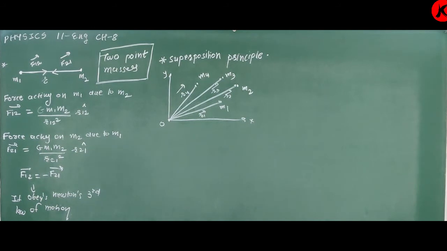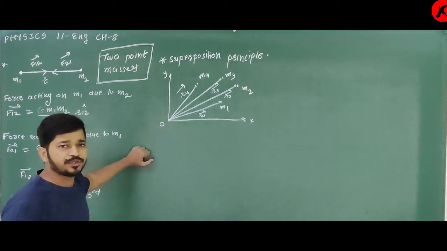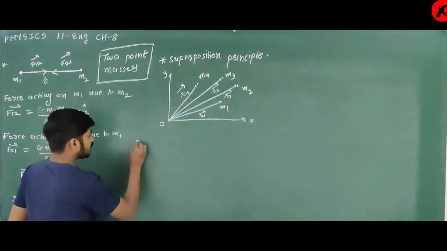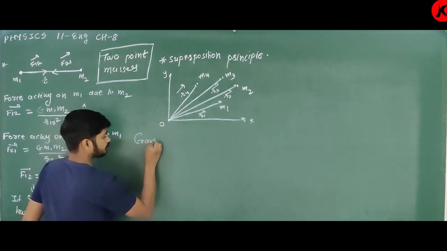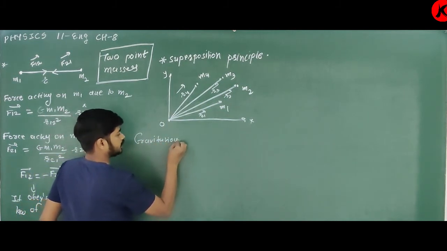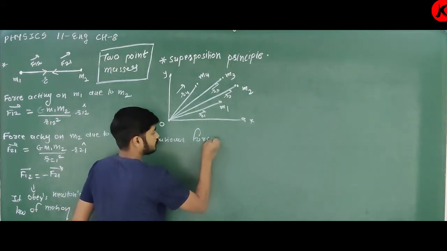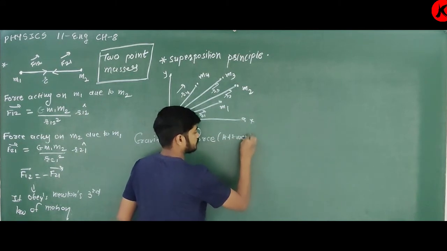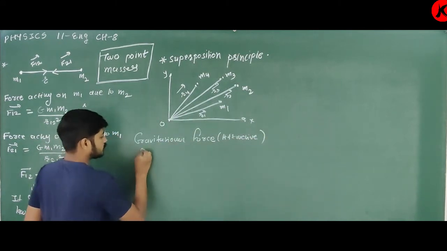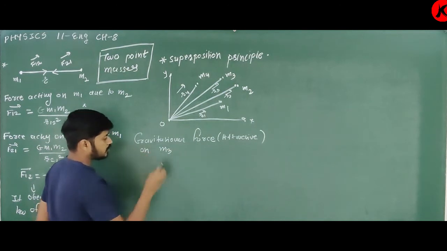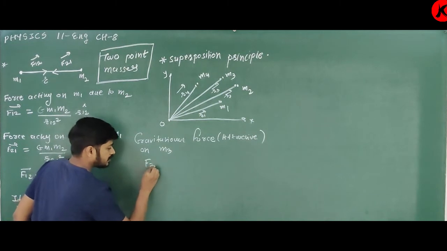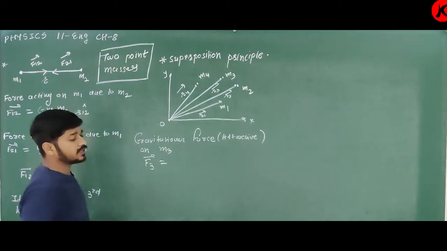Now if you have to find the force acting on any one particle, how to find such force? We are assuming we want to find the gravitational force, which is attractive, on M3. On M3 means you have to find the force on particle number 3, F3.